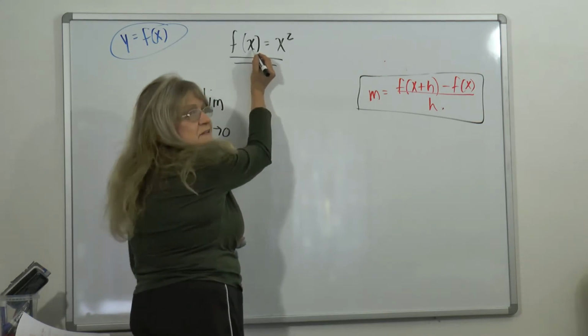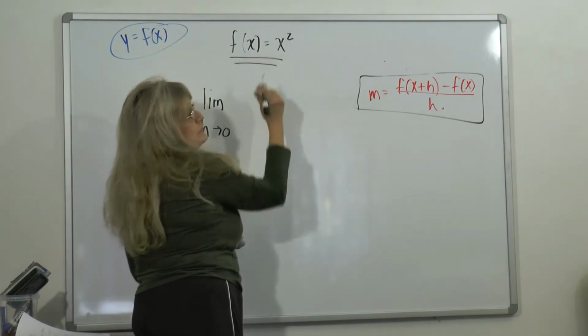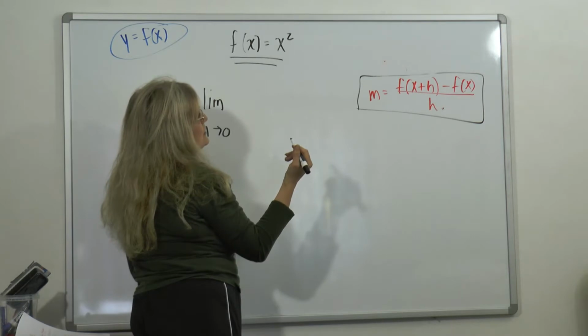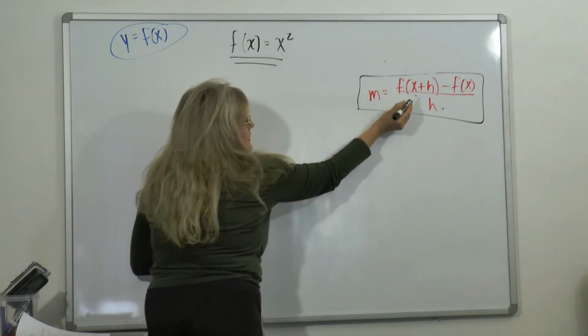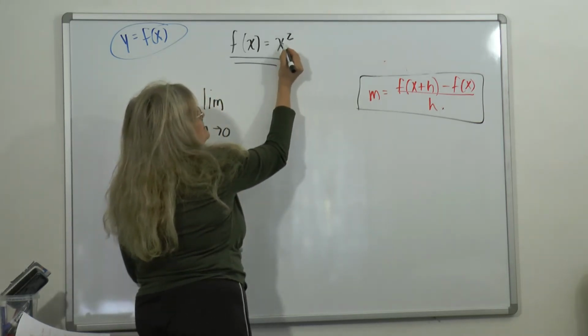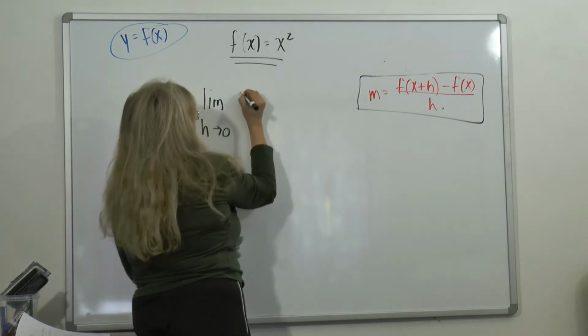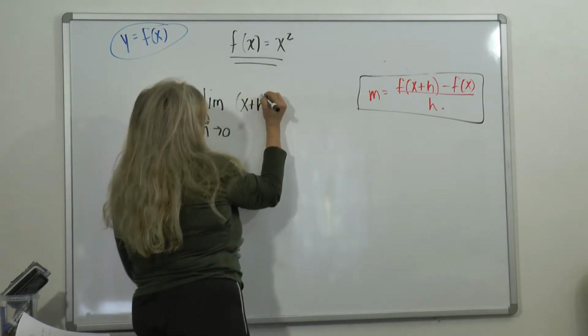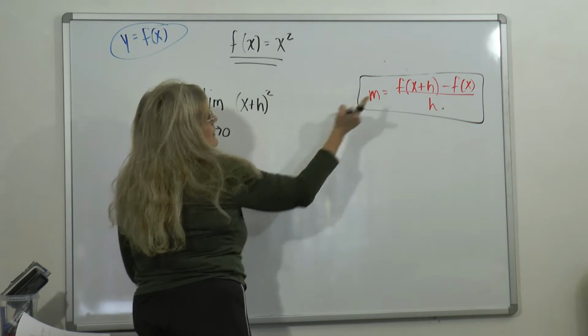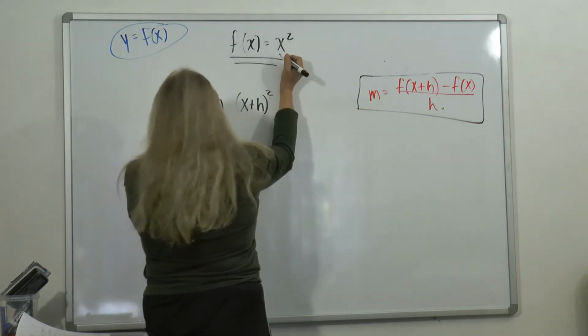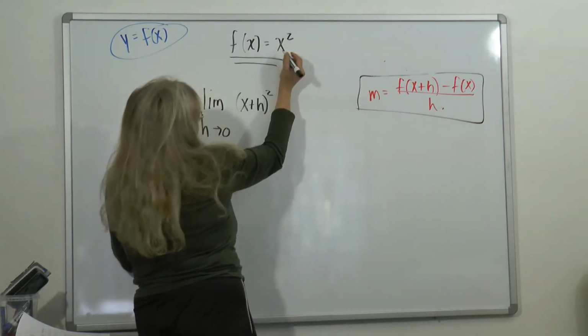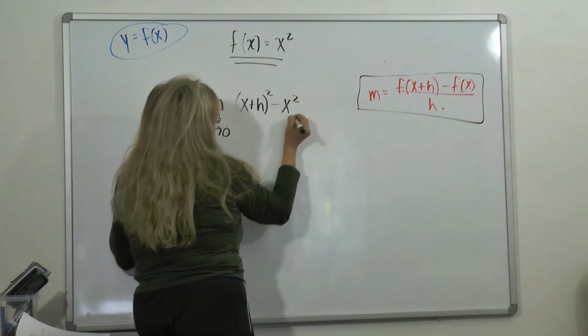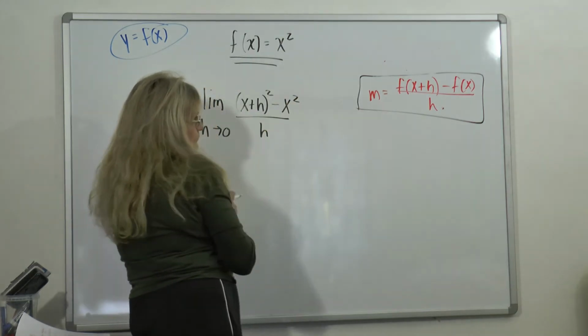That means if I said find f of 5, you would put a 5 in for the x and do whatever operation is there. So when I say find f of x plus h, I mean replace this x with x plus h. So this is (x plus h) quantity squared, minus f of x. Well, f of x is given to me right here, so it's just minus x squared, whole thing over h.